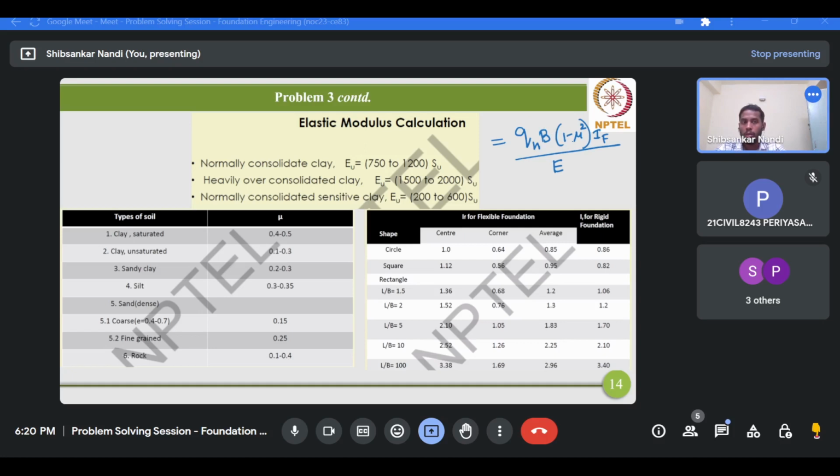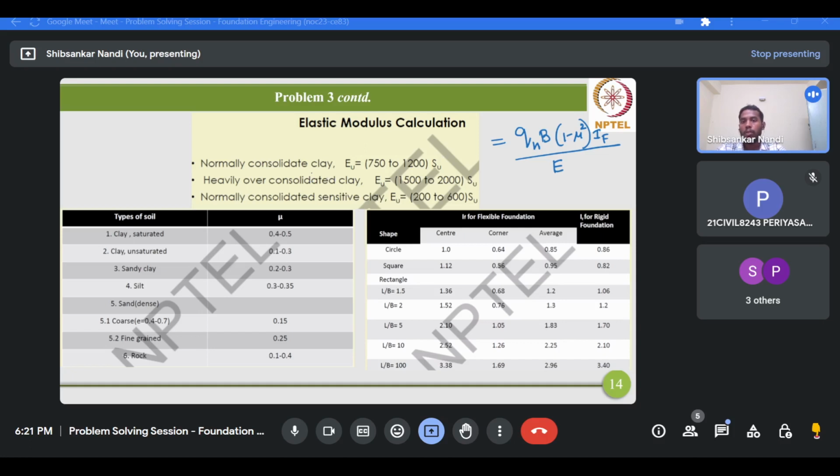Now Qn we know, and B we know. But these three parameters, that is Poisson's ratio, influence factor, and the elasticity modulus, we don't know. If this type of question is asked, obviously this information will be provided. However, these values we can again calculate from some relationships or some tables provided in the literature.